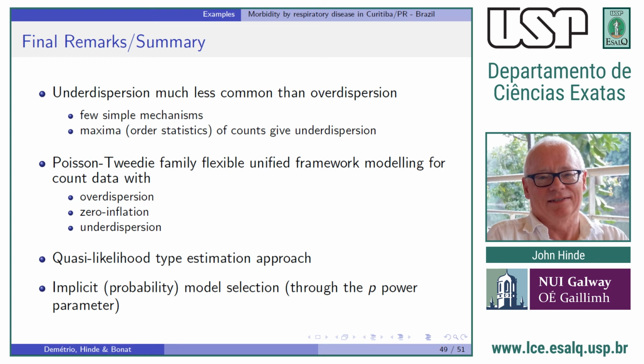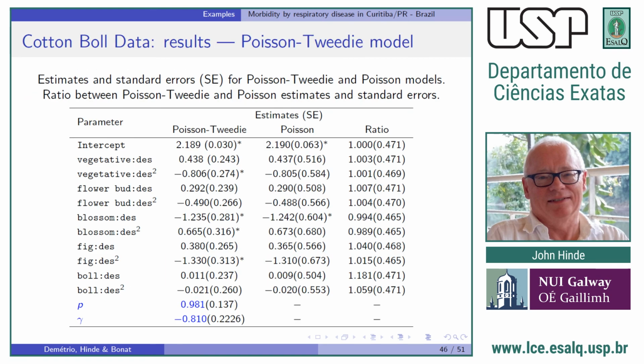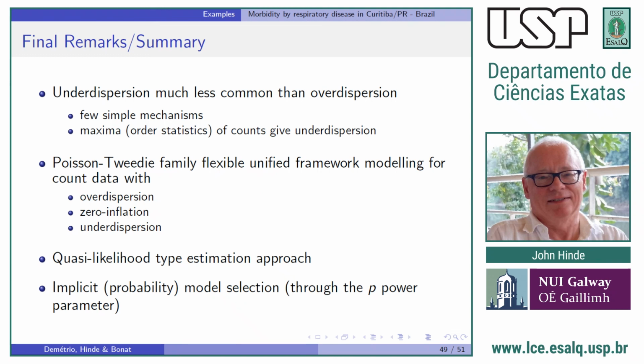And implicitly, because we get this estimate of P, in essence, this framework picks for us the likely probability. So it says, well, we could fit a Neyman type A model or something, and because we estimate the power parameter, we get some indication of what other models might be appropriate.